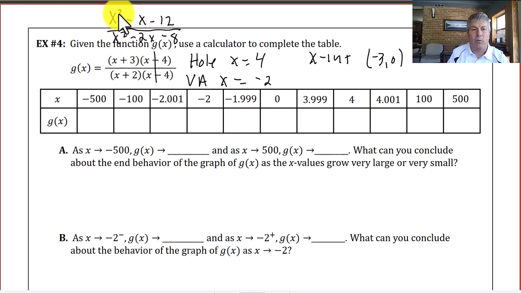This is the battle between x squared. I know my horizontal asymptote is going to be at 1 because we're going to battle x squared over x squared, and my y-intercept is going to be at -12 over -8 if I put 0 in for x into my function. So if I wanted to find g of 0, I would see that's going to be at 3/2 if I'm looking at that correctly.